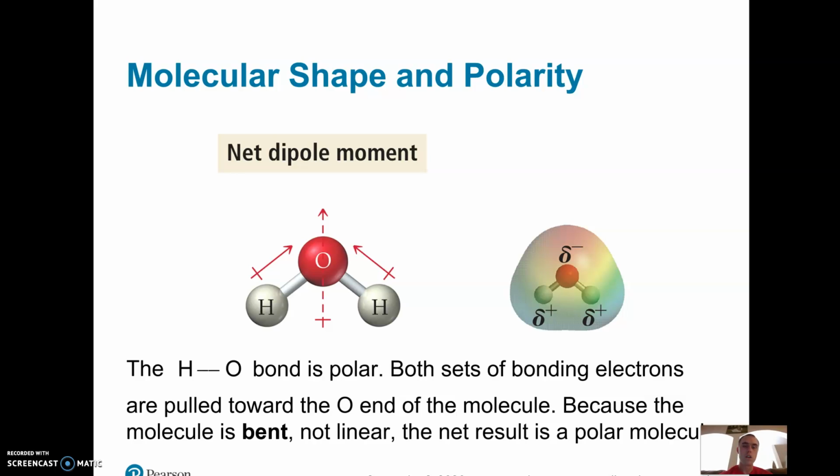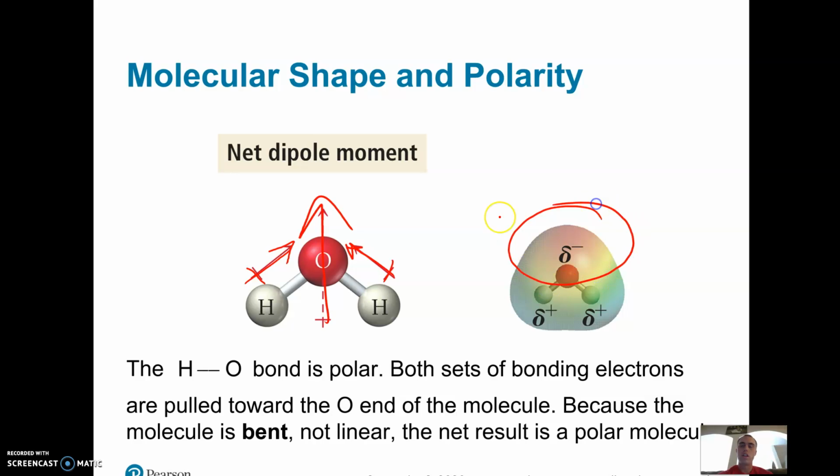Now in something like water, where we have oxygen and hydrogen, that is also a polar bond. Those electrons are going towards oxygen. These bonds are not being pulled in opposite directions, right? Those electrons are all going towards the oxygen here. They're going this way. And so this is going to result in a polar molecule because these polar bonds don't cancel out.